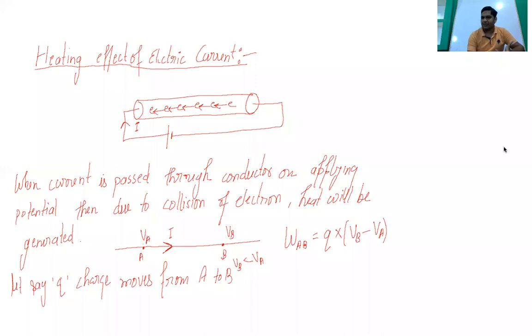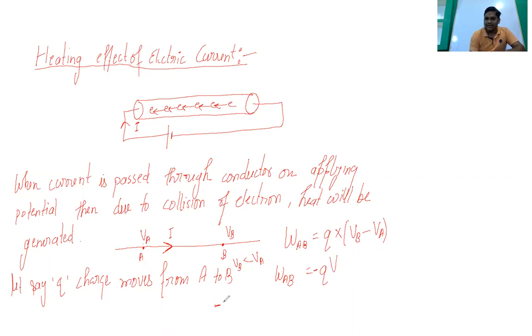So VB minus VA will be negative, and the work done from A to B can be written as minus Q into the potential difference V.